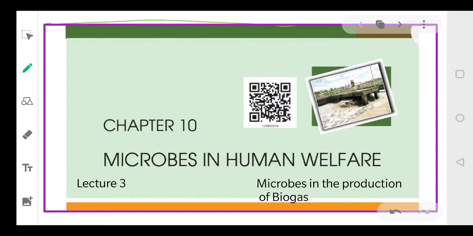Now, can anybody tell me what is biogas, dear students? You must have studied it in class 10th. Yes, biogas is a mixture of gases, and predominantly it contains methane gas. The main gas in biogas is methane.